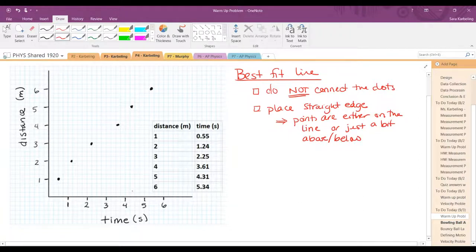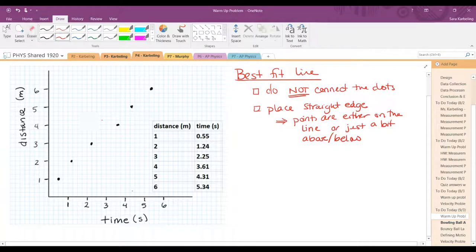And we want to get as much of a balance as you can of points just a little bit above or below, assuming that there isn't an outlier. Like, for example, if I had a point like way up here, this red dot, that definitely doesn't follow the trend. Are you with me there? So we're going to leave that point out. That would be an outlier. We put a little X over it. Say, see you later. We don't like it.